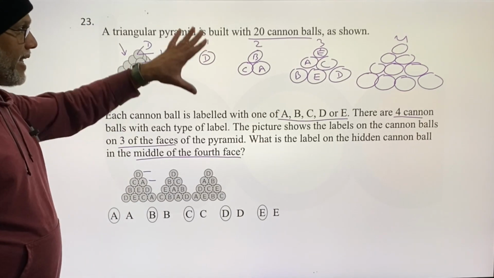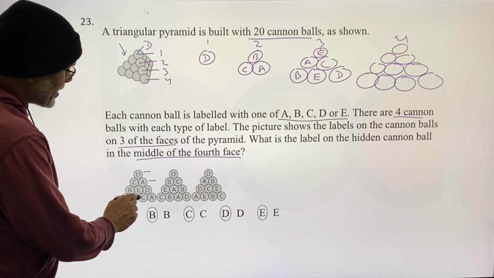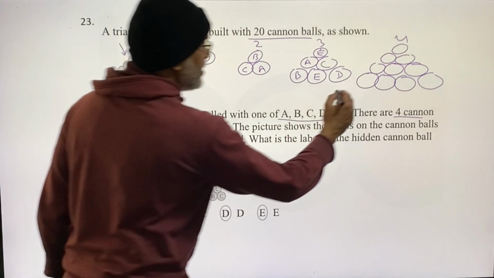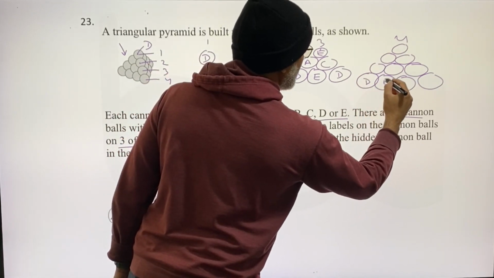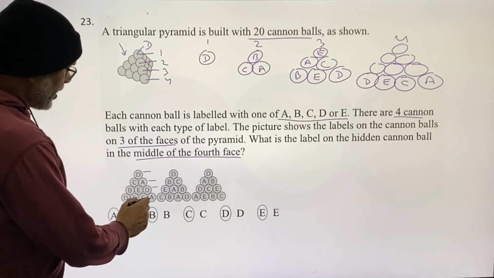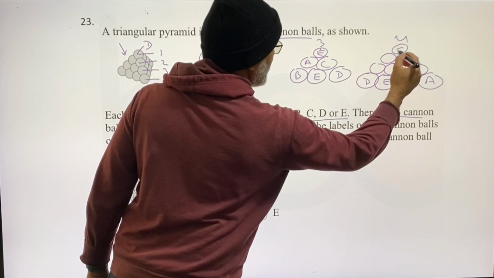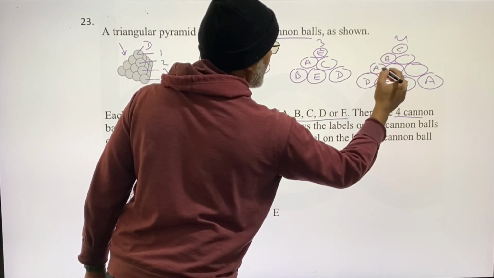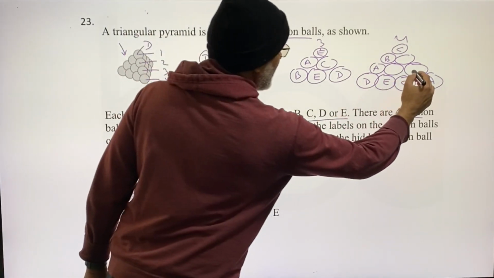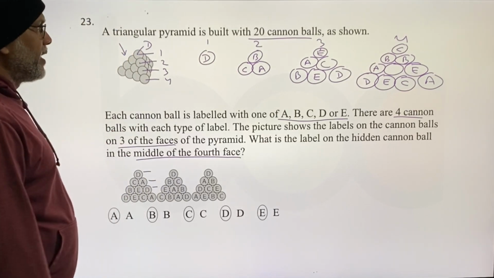All right, so they aligned up nicely, but let's check the fourth layer too. DECA. So this layer is done. Third layer, DECA, DECA, and then CBAD. This can be C, B, A, and D. AEBC, A, E, B, and C is already there.